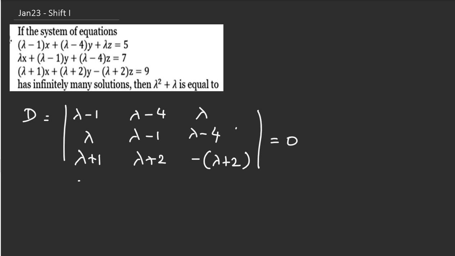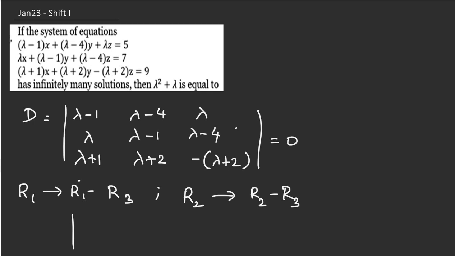Now equating this to 0, we make the transformation R1 to R1 minus R3 and R2 to R2 minus R3. What is the determinant we are getting? This is equal to the determinant of minus 2, minus 6, 2 lambda plus 2.